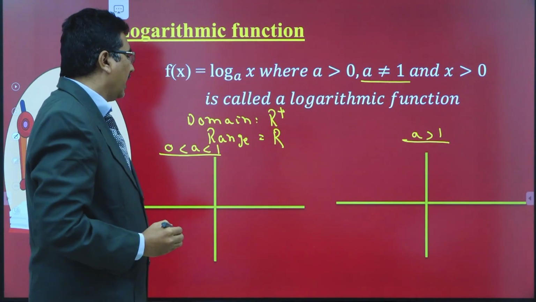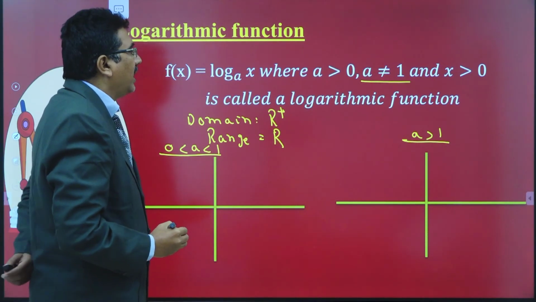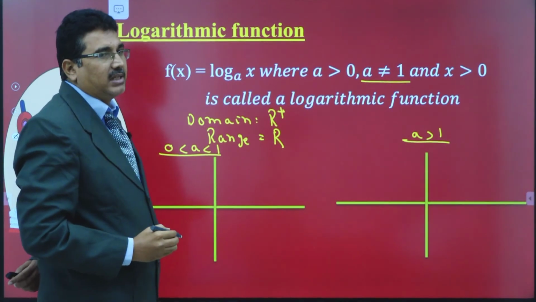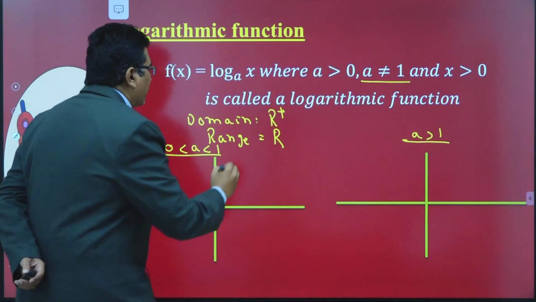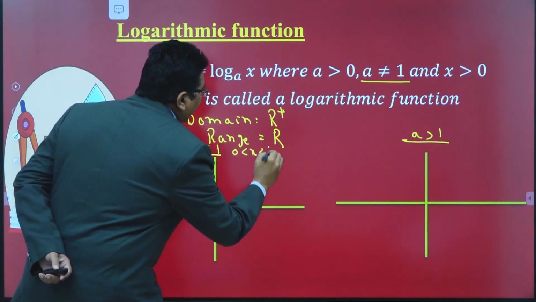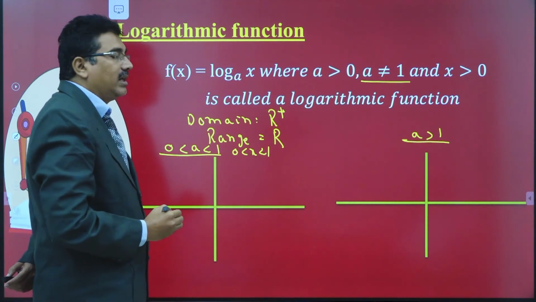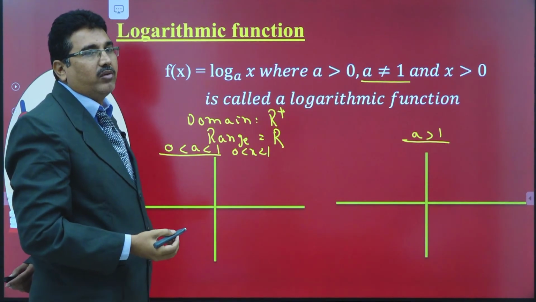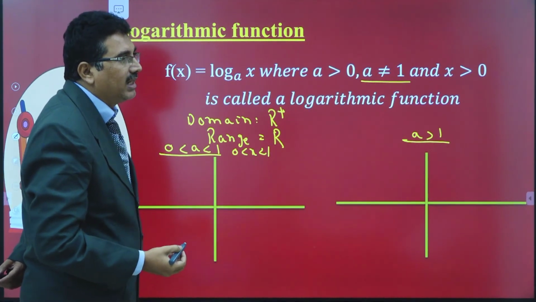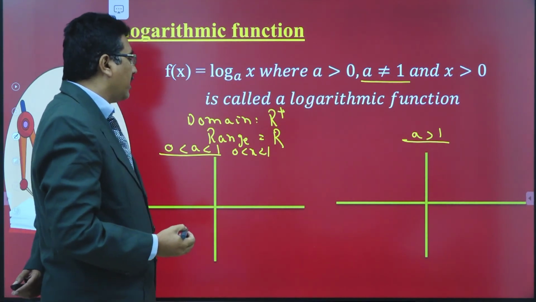In the case of a between 0 and 1, x tending to 0 plus means 0 less than x less than 1. X lies between 0 and 1, and a also lies between 0 and 1, so log x base a is positive.